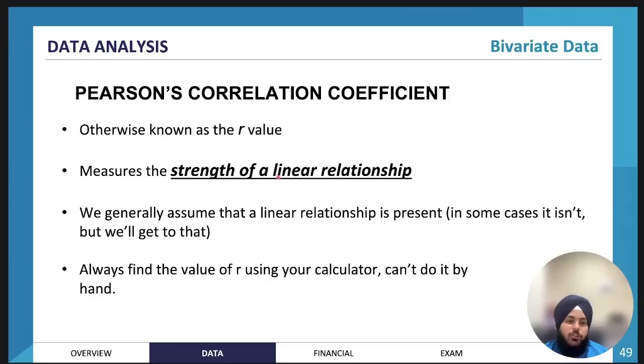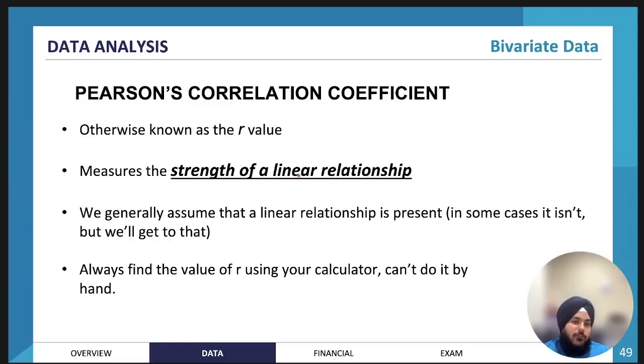When you're describing the strength of a scatter plot, you need to use the Pearson's correlation coefficient, also known as the R value. The R value is a measure of the strength of a linear relationship. So how associated are the values of the explanatory variable with the response variable?